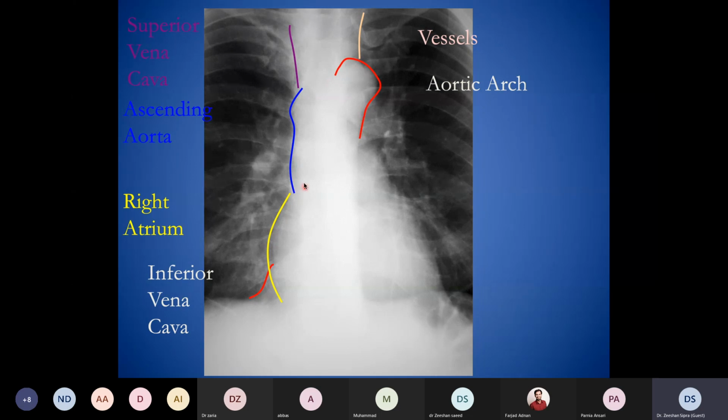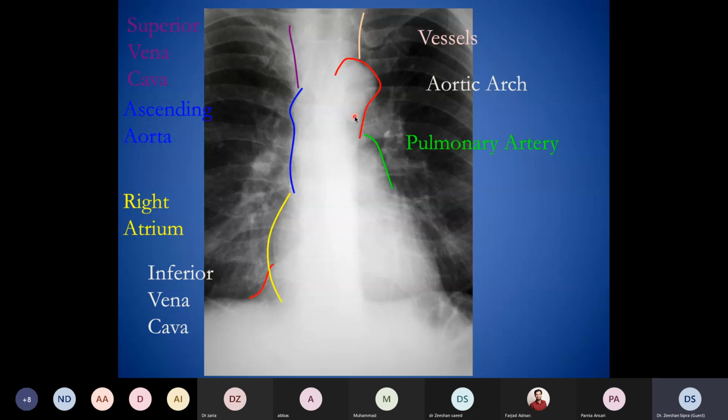So it starts from here, goes above and behind. This part is the superimposition of the arch that forms a knuckle over here in the radiograph. It is called the aortic knuckle, and then it goes down over here. This border is a dense shadow of the descending aorta.